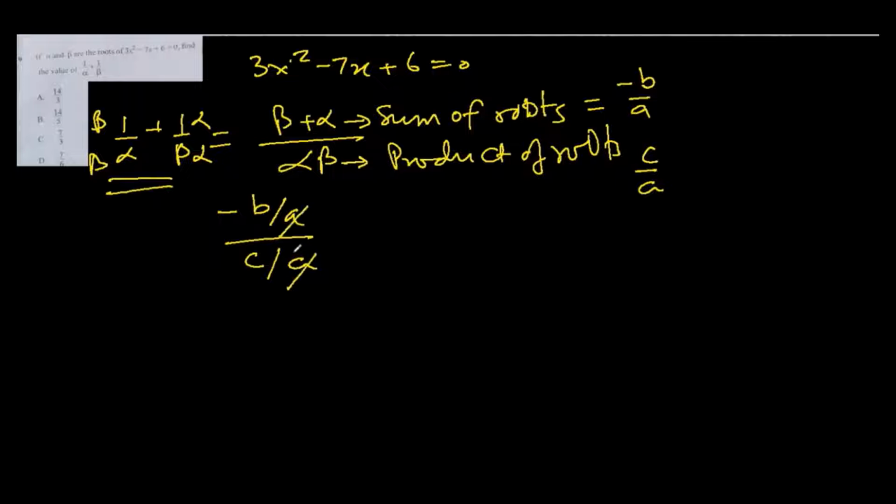So a and a cancel because they are the denominators of both. So we are left with minus b over c. All right, so what is b and what is c? In our question, 3 is a, minus 7 is b, and 6 is c. So minus b will be 7, and c will be 6. So the answer is 7 over 6. D is the answer.